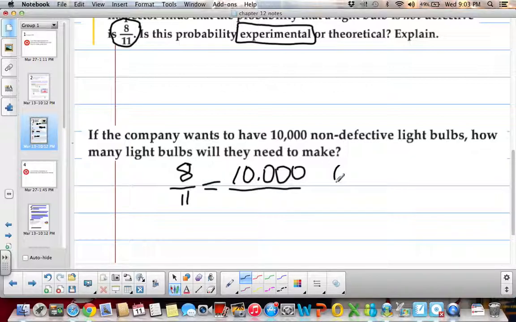So these ones are non-defective on the top, and then our bottom would be the total number tested. So then that would be our x.